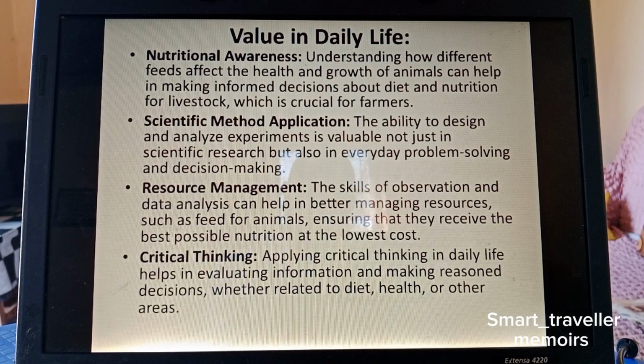Resource management, the skills of the observation and data analysis can help in better managing resources, such as feeding for animals, ensuring that they receive the best possible nutrition at the lowest cost. Critical thinking, applying critical thinking in daily life helps in evaluating information and making reasoned decisions, whether related to diet, health, or other areas.